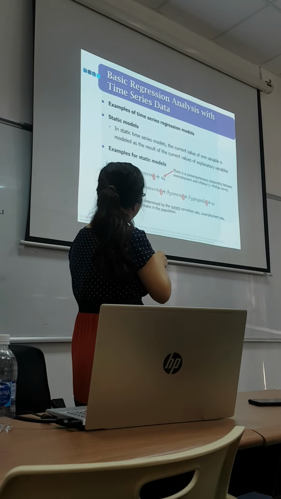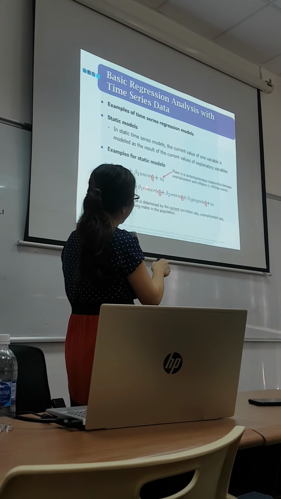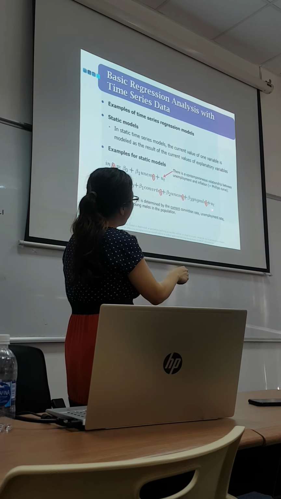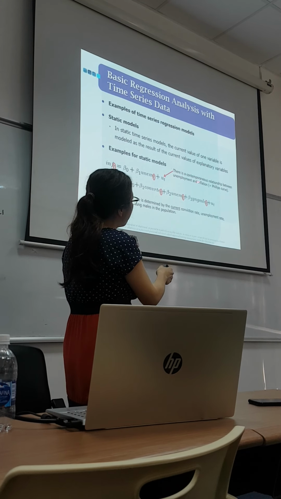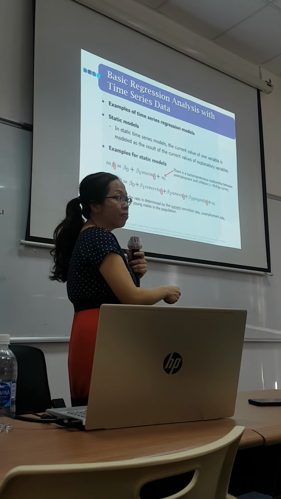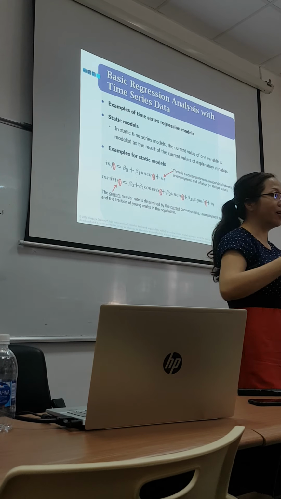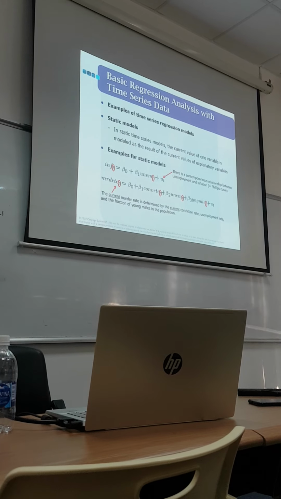The murder rate at time t is affected by the current conviction rate, current employment rate, and the current population. So we say it is a contemporaneous relationship. Contemporaneous means current time. So that's the static model.